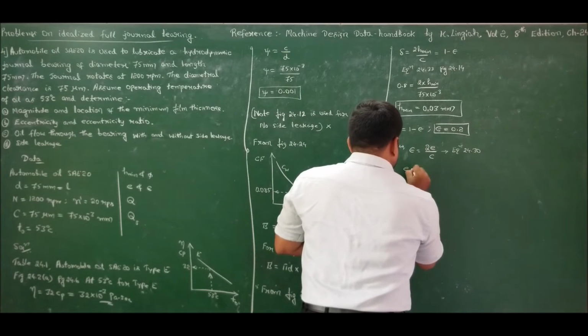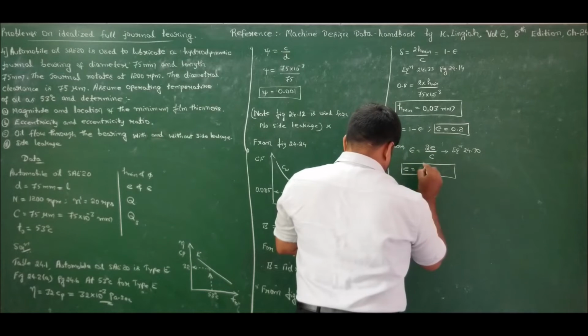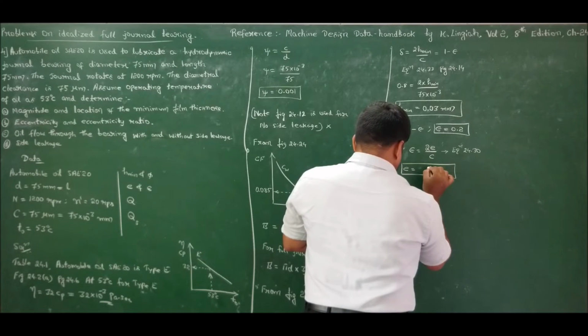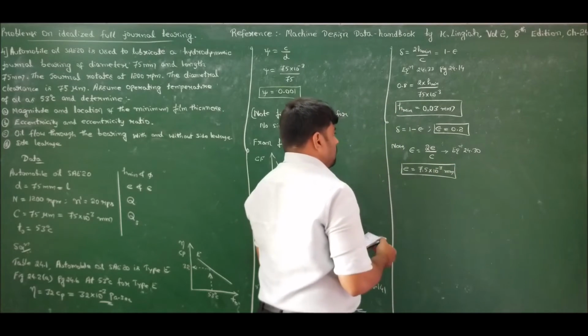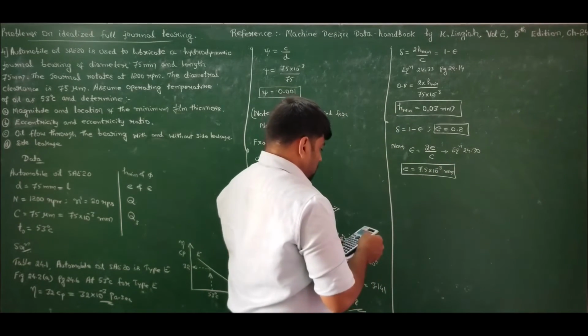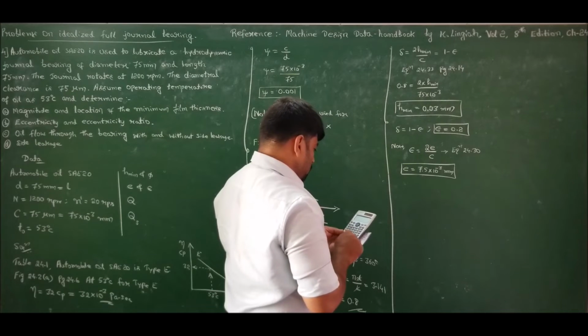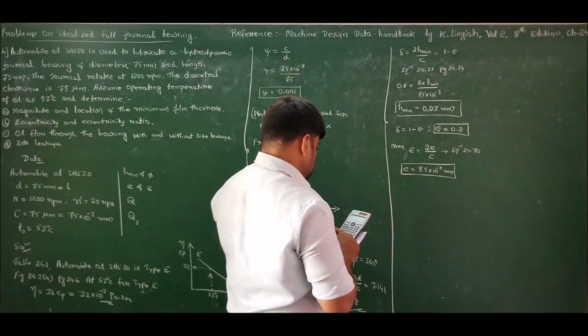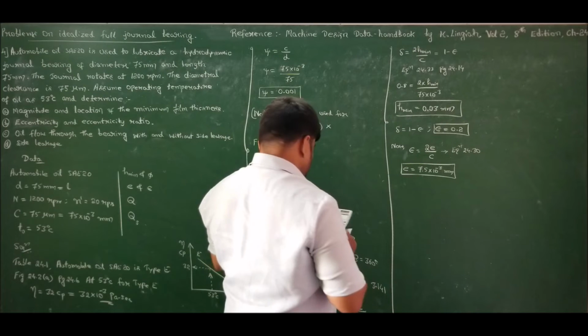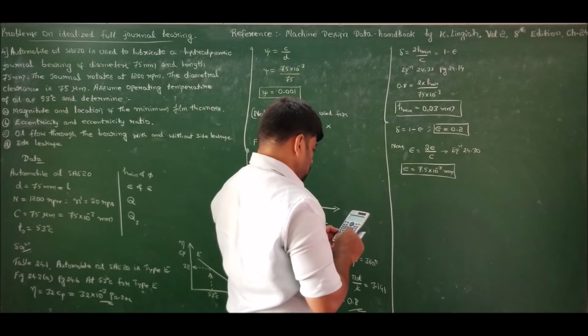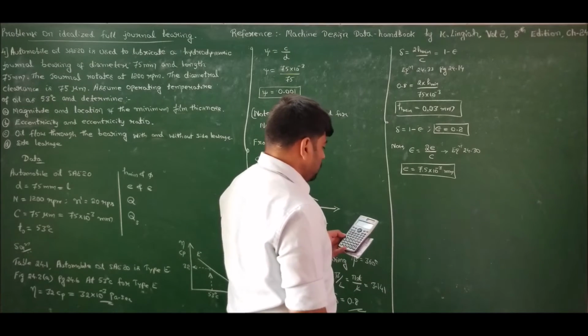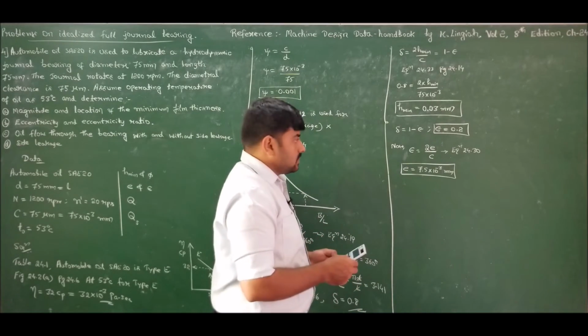So I get the eccentricity as 0.2 times C, which is 75 into 10 to the power of minus 3 divided by 2, which is nothing but 7.5 into 10 to the power of minus 3 millimeters.